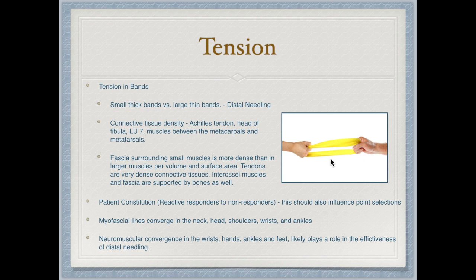Let's begin by talking about the different types of bands. You've probably seen small thick bands, and there are large thick bands too, but I want to begin with small thick bands, and they would be very difficult to pull apart. Whereas you can have a long thin band, and that would be very easy to pull apart.